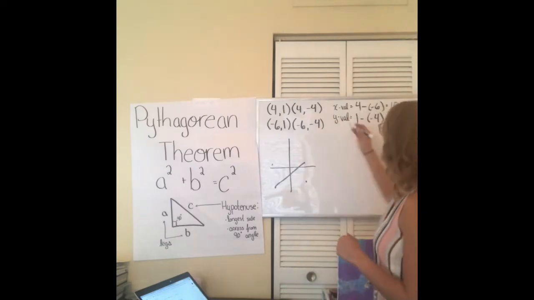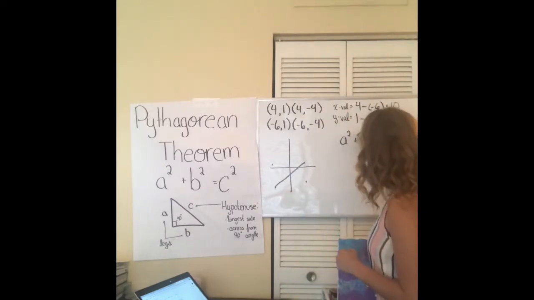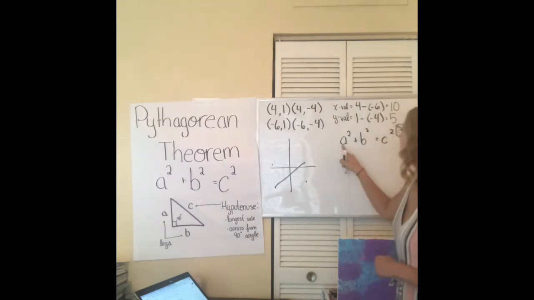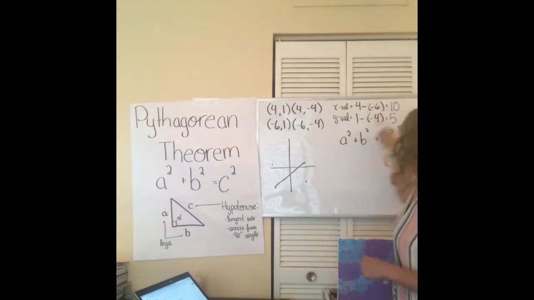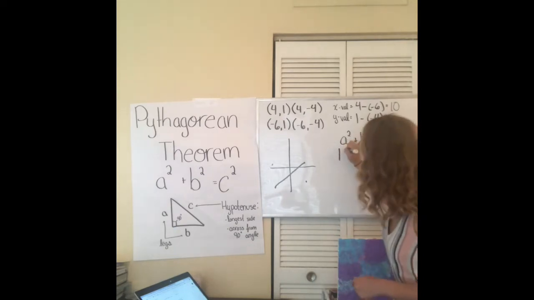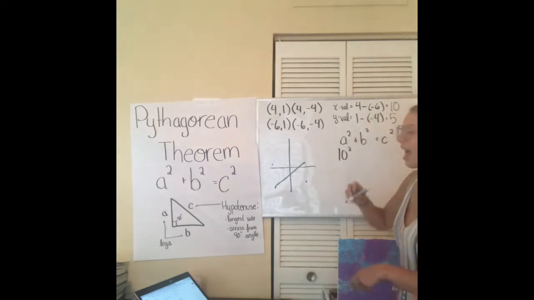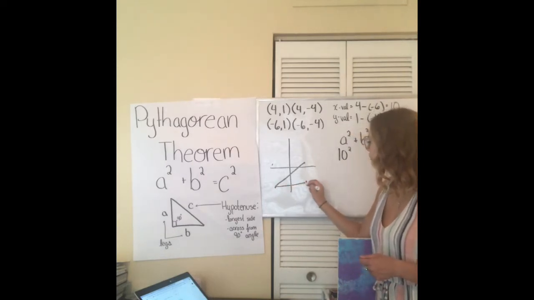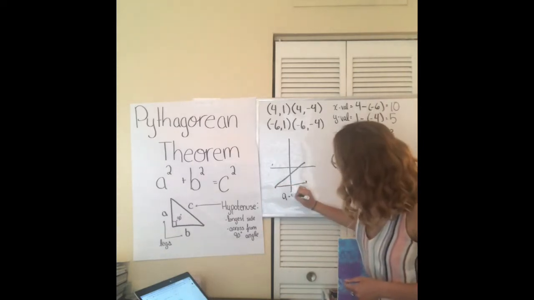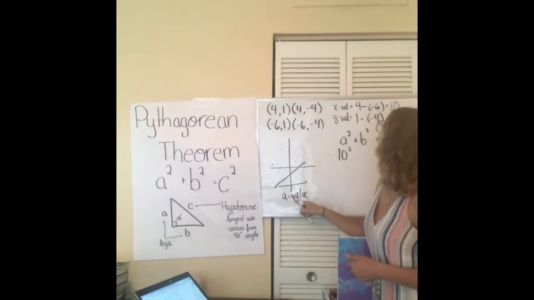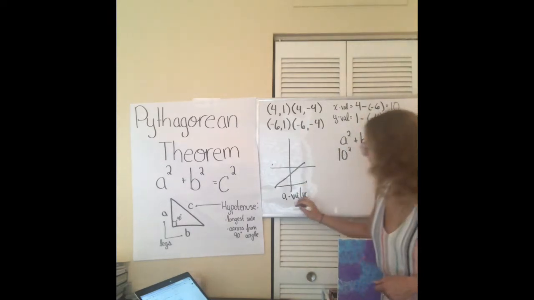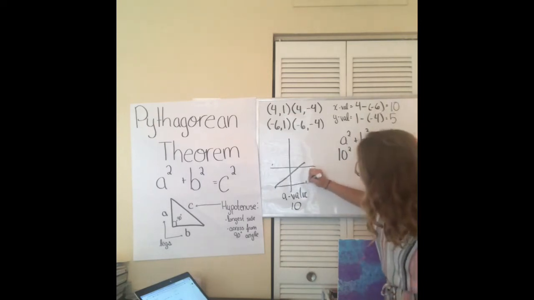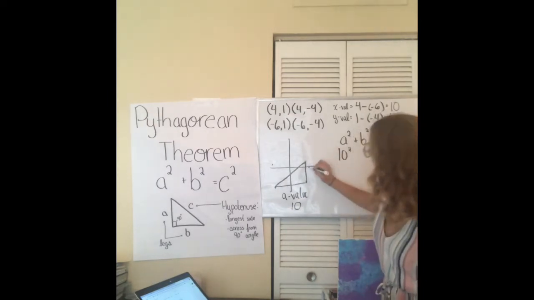So my Pythagorean theorem is a squared plus b squared equals c squared. My a value is 10 squared, and my a value comes from right here where I just drew on. This is my a value, which is going to be 10. And so my b value is like this segment right here.